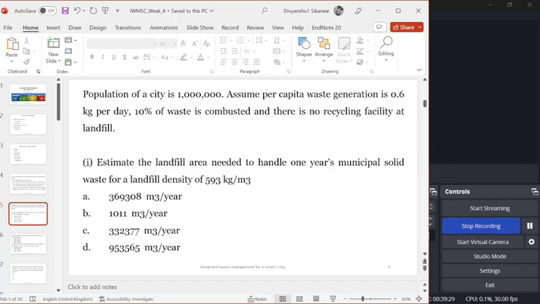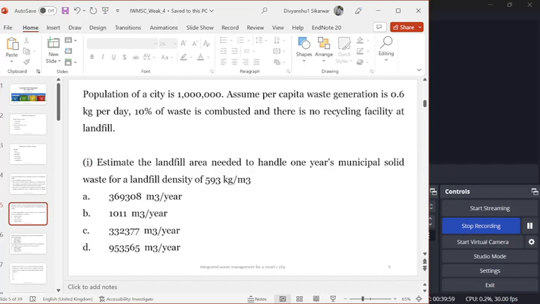Just divide the amount of waste, which is 5.4 lakh kg per day, by the density given, which is 593 kg per meter cube. This will give us a value of around 910.62 meter cube per day.